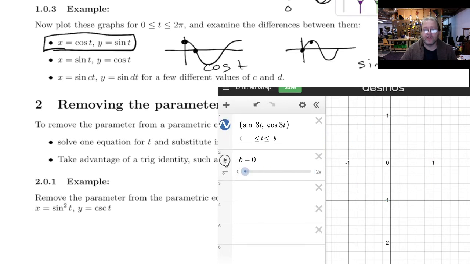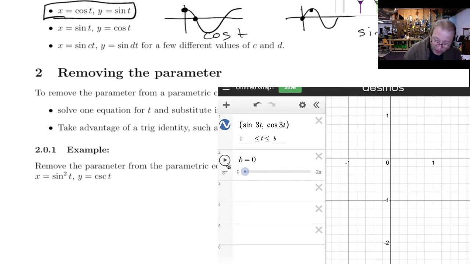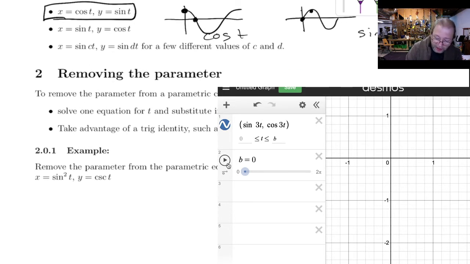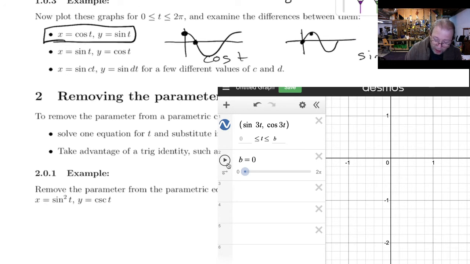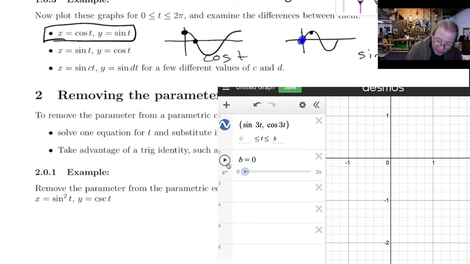And I've got a 3 there, so when b goes from 0 to 2 pi, this is going to make 3 trips around the unit circle, but in the opposite direction. And since sine is now my x, it's going to start at the point 0, 1. See, it starts at 0, 1 up there at the top, and then it's going to go around.